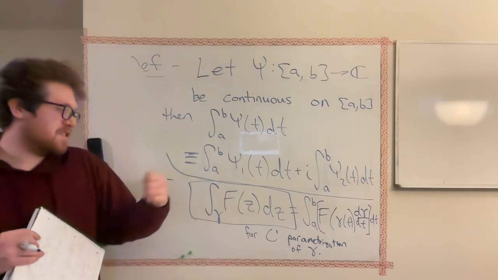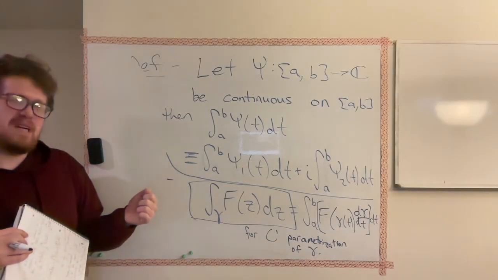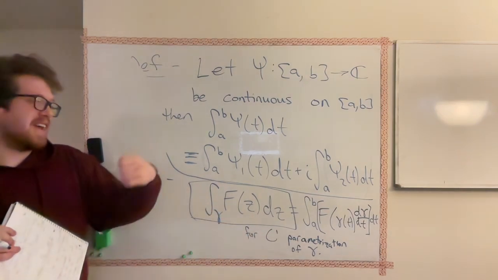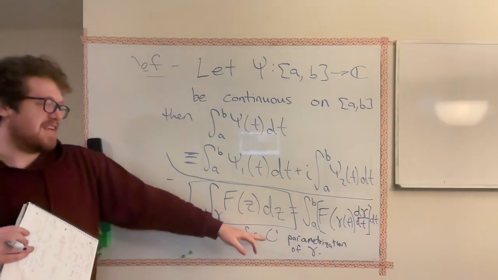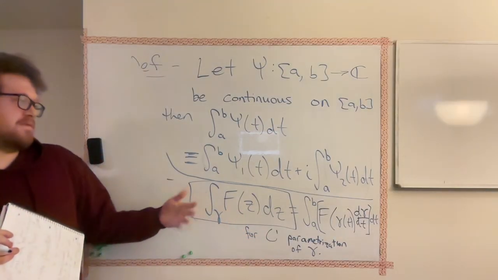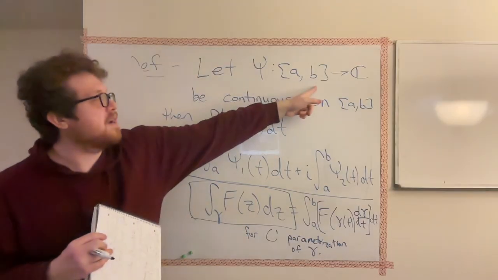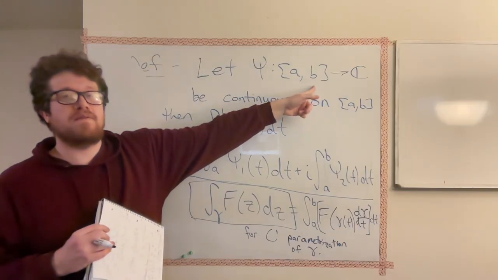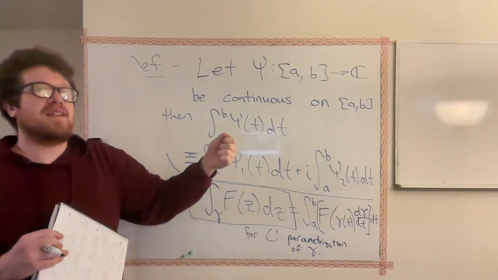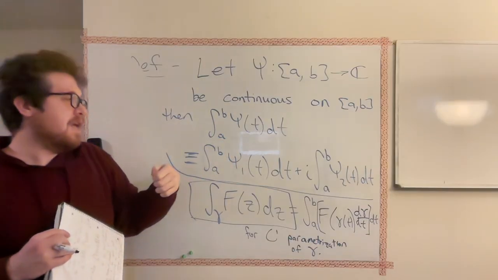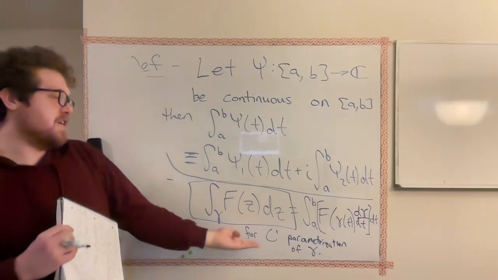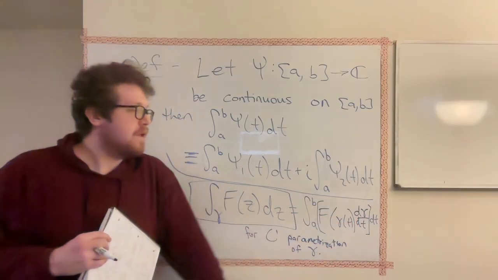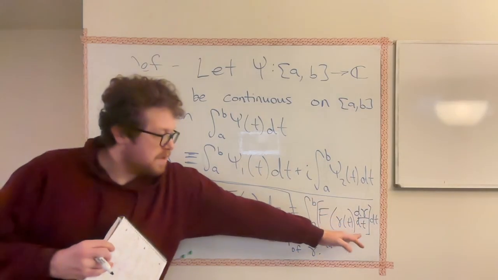In fact, I was thinking about this before I started teaching the lecture today. I think you can possibly compose with any C1 automorphism of whatever your domain is, like A to B, right? Any C1 self map from A to B to itself, you could compose with that at the beginning as long as it's invertible. And then you get a new parameterization, but then you're going to get a new chain rule term.